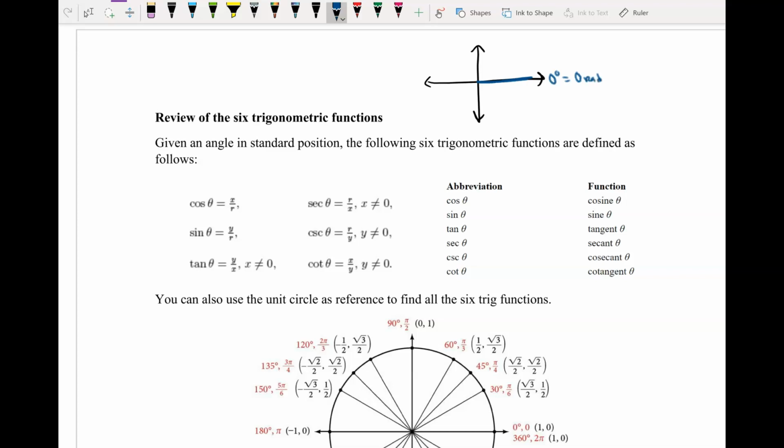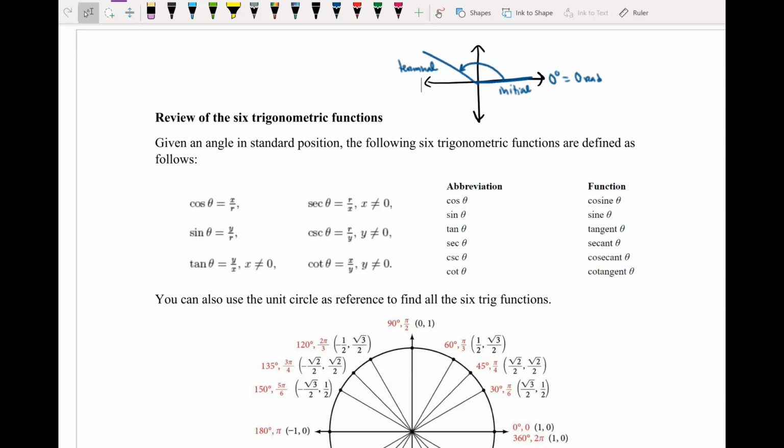You can basically find any angle that I want, right? So maybe I can go to the second quadrant, and that will give me an angle. This will be the initial side, and this will be the terminal side. This is what we call standard position. Standard position means that it starts at 0.